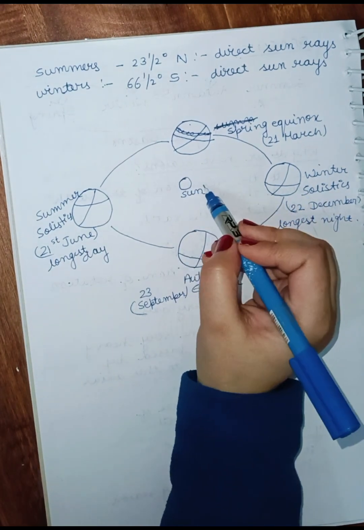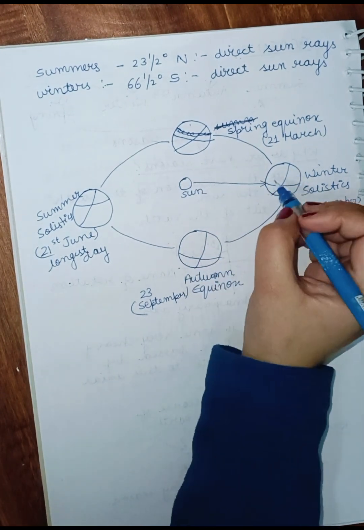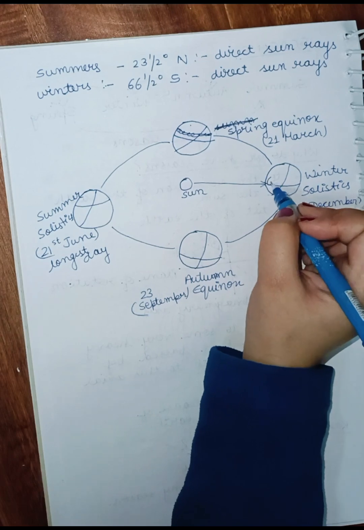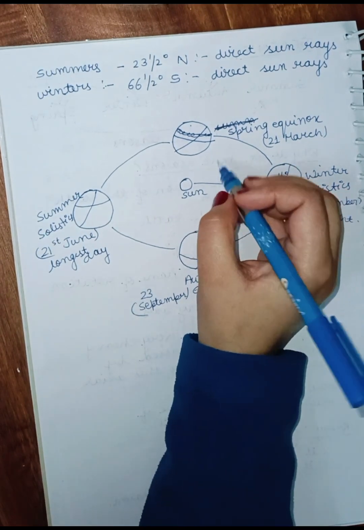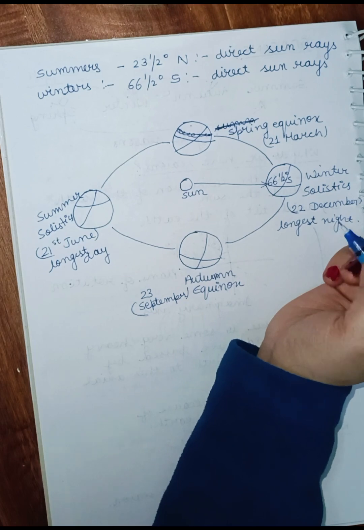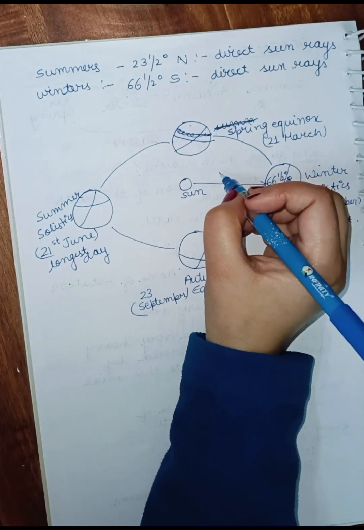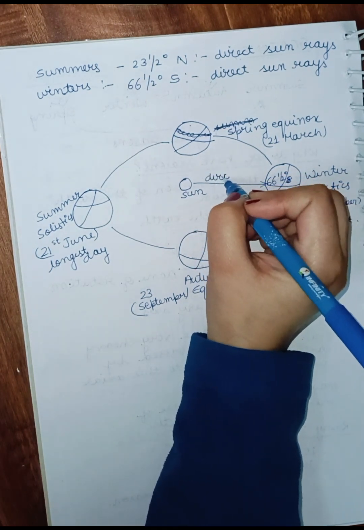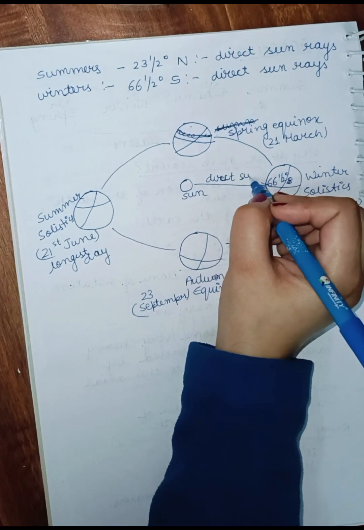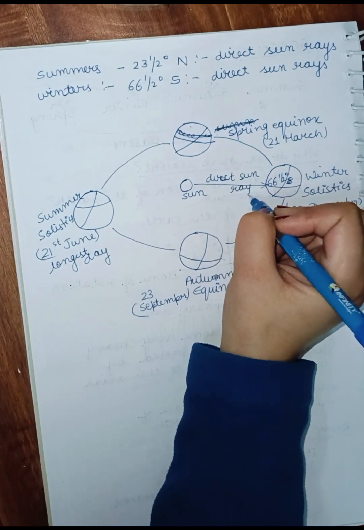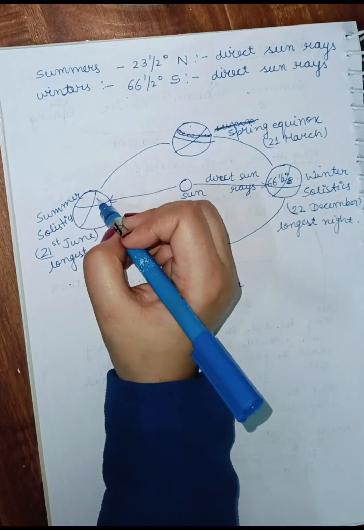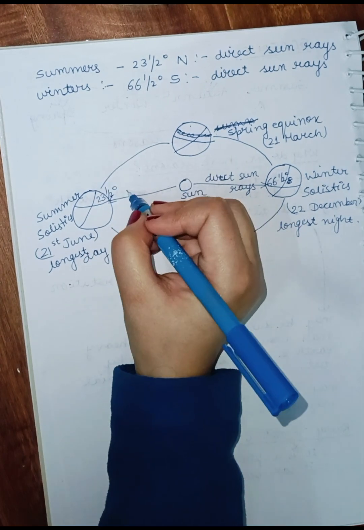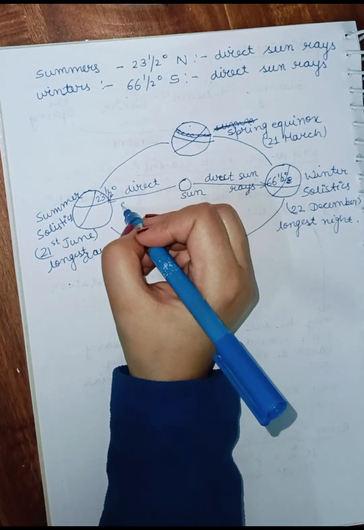So there are direct sun rays on 66.5 degree south, and the direct sun rays are on 23.5 degree north.